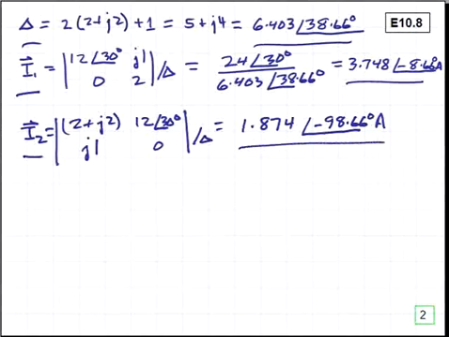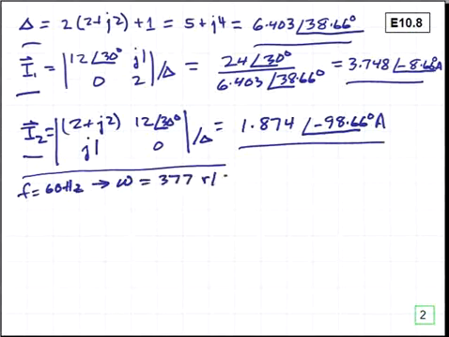So we now have the two phasor forms, or the frequency domain forms, of the currents I1 and I2. Now we'll have to convert these into the time domain in order to solve for the energy storage. We are told that the frequency is 60 Hertz, which gives us a radian frequency of 377 radians per second.